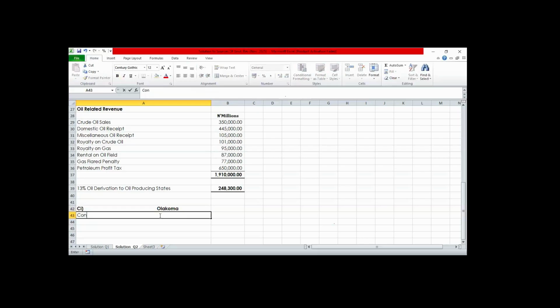Now, consolidated revenue account. Did you change your mind?